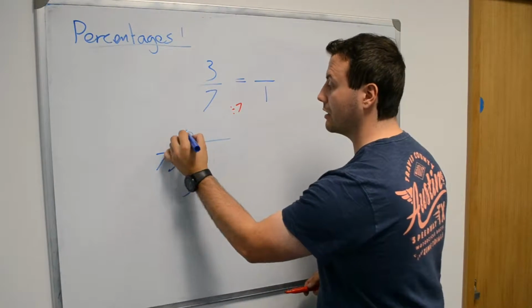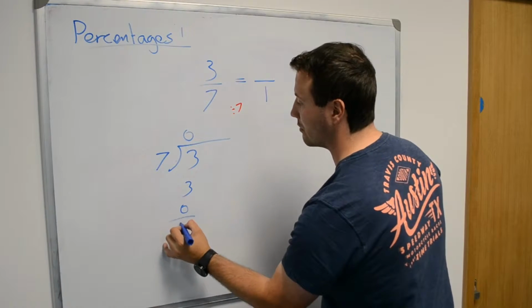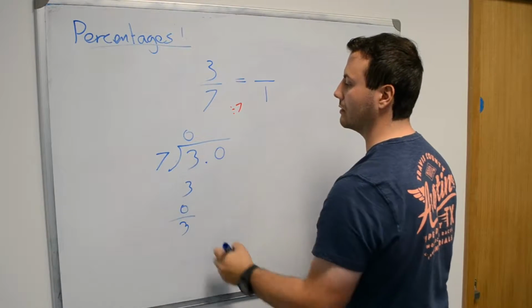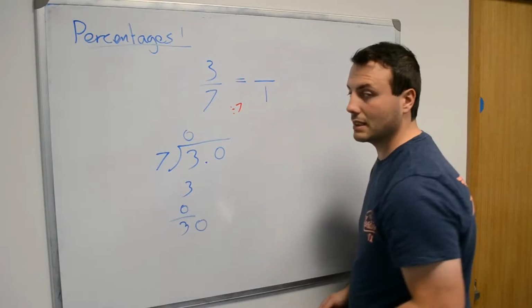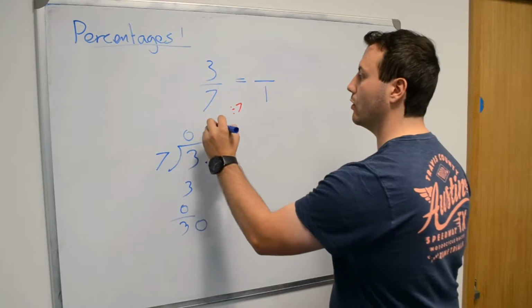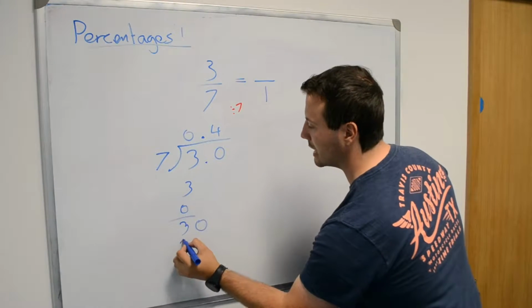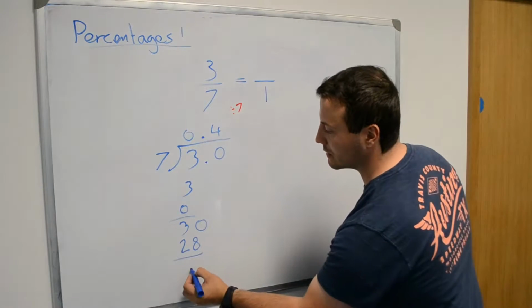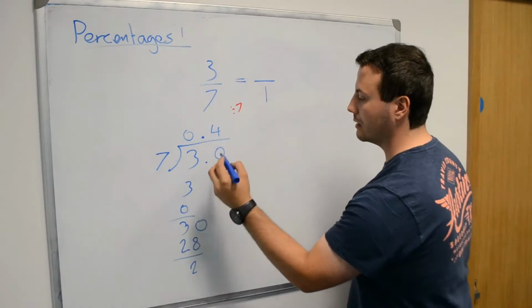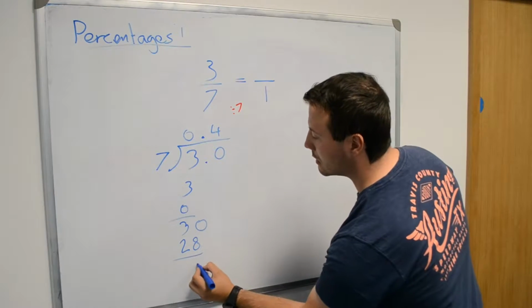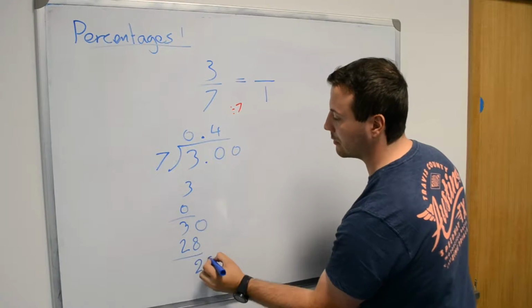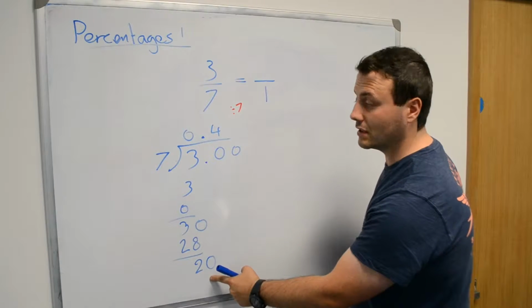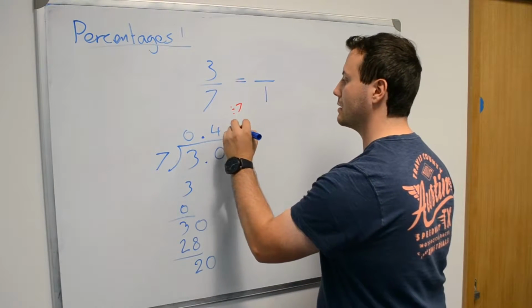7 into 3 doesn't go. That leaves us with 3 remainder. Decimal points come up. 0 down. 7 into 30, we can fit 4 multiples in, which is 28. That leaves us with 2 remainder. In the next 0. 7 into 20, we can fit twice.